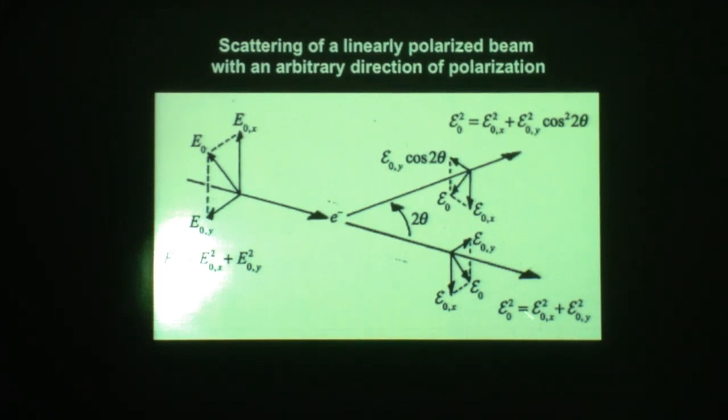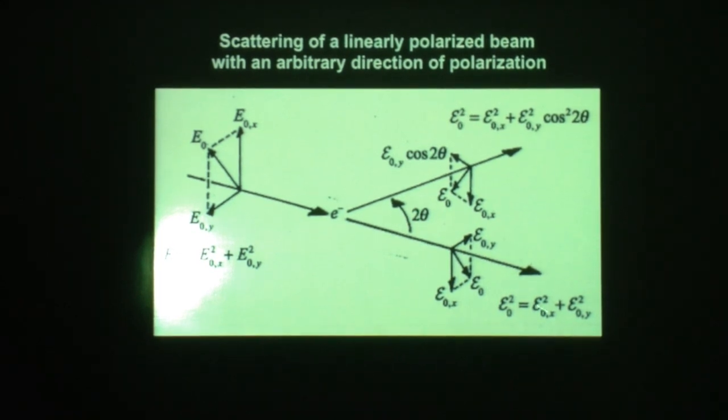And similarly here, the cosine 2 theta part doesn't enter in, so the unscattered beam, the transmitted beam, just has components E squared x and E squared y. So along with figuring out the amplitude of the scattered electric vector, Thomson had worked through, in this classical way, the polarization phenomena as well.